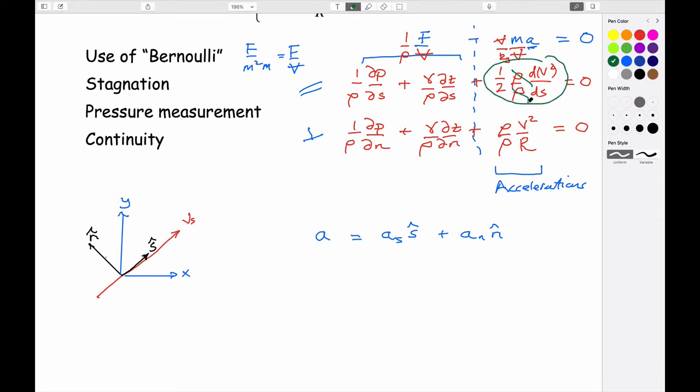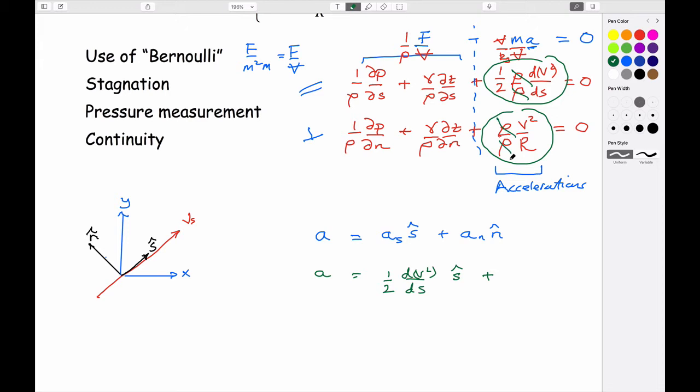These cancel out. So this is going to be a half multiplied by the rate of change of v squared with respect to the streamline length, partial or otherwise, multiplied by this vector s. And the centripetal acceleration is the other one, which is going to be normal to the streamline.